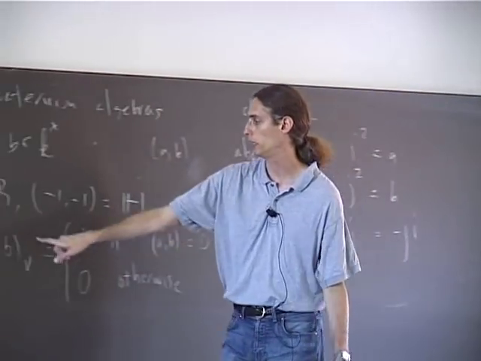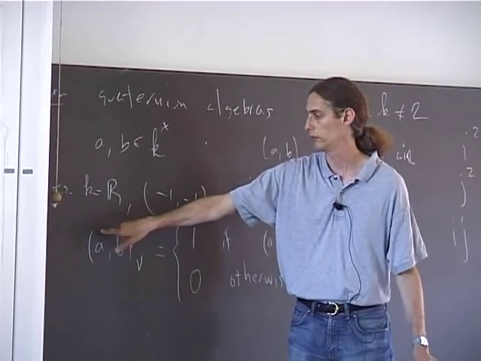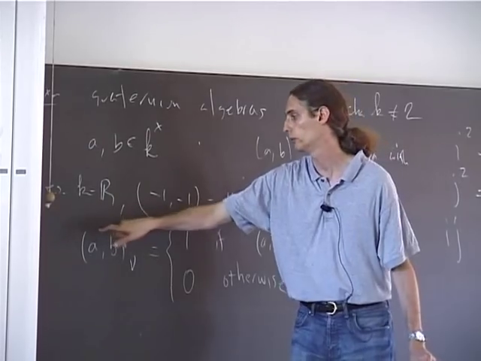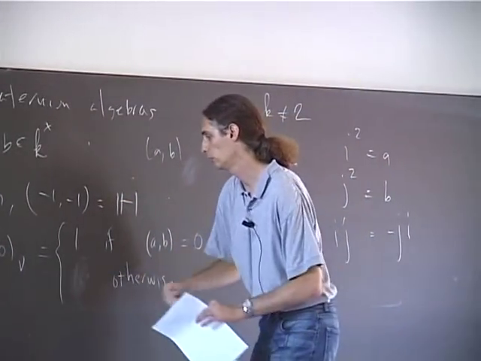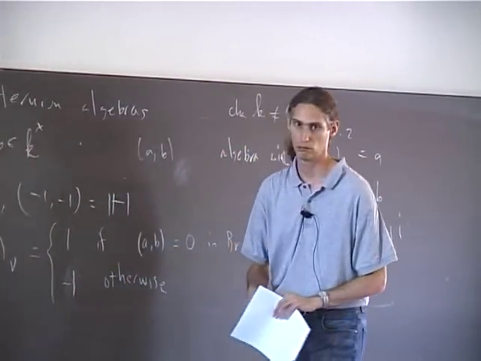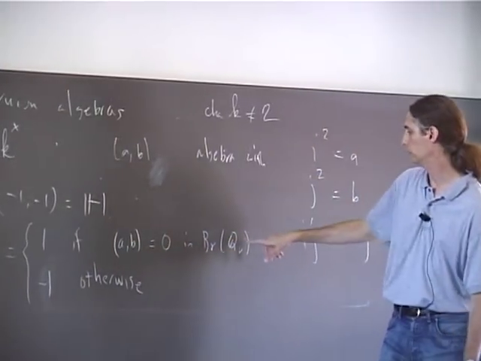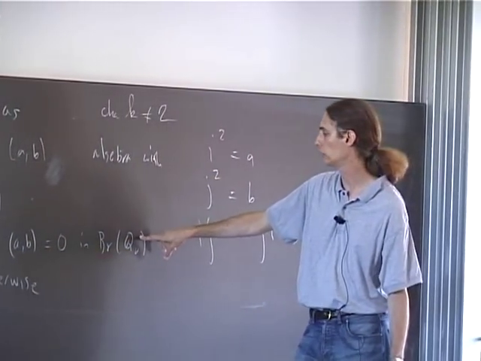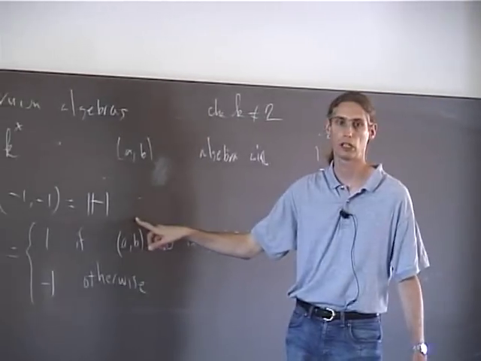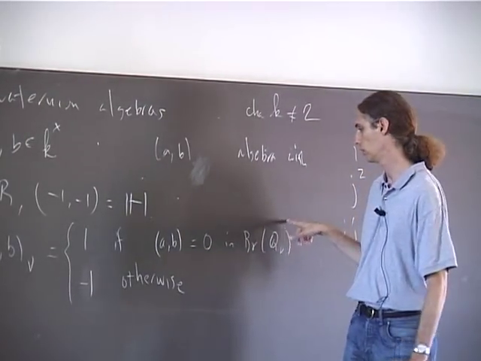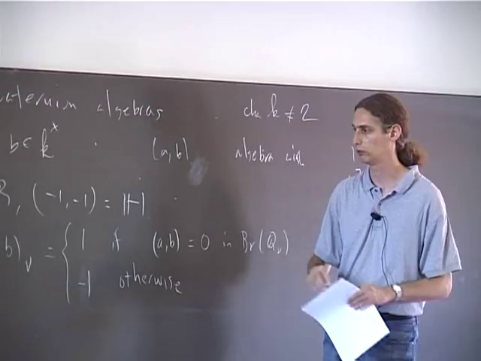So if you have a and b rational numbers, then you think of this as an element of the Brauer group of Q, and the Hilbert symbol is telling you whether, when you pass to a completion, this element becomes the trivial element, or whether this element stays non-trivial.